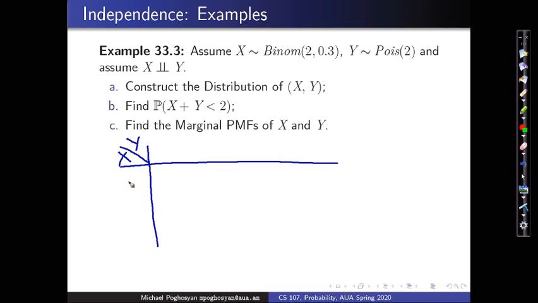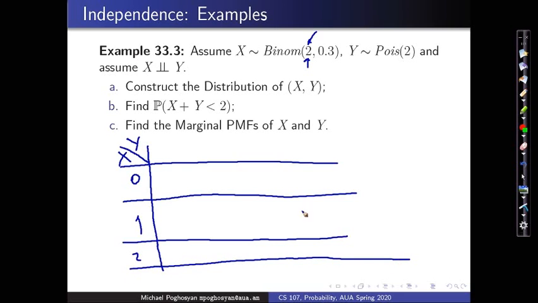X is binomial with parameter 2, so X is the number of successes in 2 trials. The number of successes can be either 0, 1, or 2.